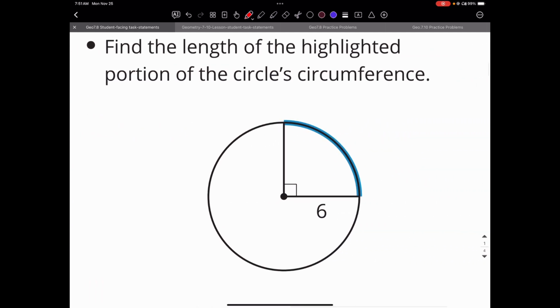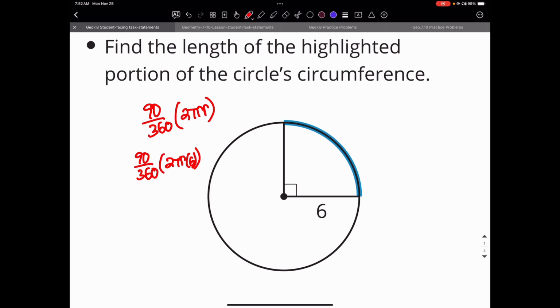So find the length of the highlighted portion of the circle's circumference. Of course, this one, once again, we would say 90 over 360 times 2 pi r, right? And then that's 90 over 360 times 2 pi times 6.